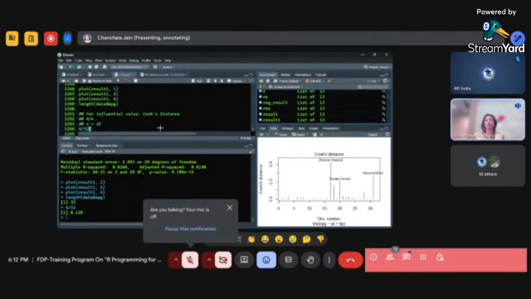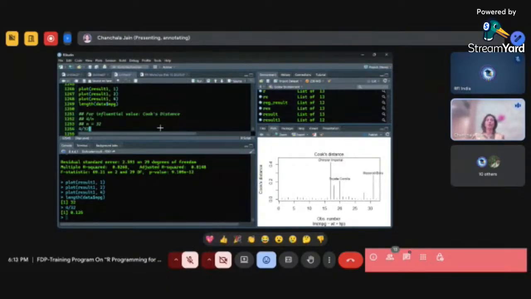Then we talked about the data frame. Data frame is a very important data structure in R, especially when we are talking about statistical analysis. We have seen data frames are two-dimensional, a row and column kind of arrangement of the data, and these are heterogeneous in nature.